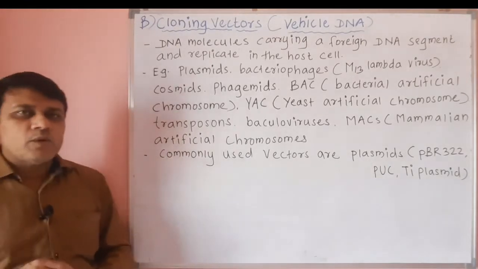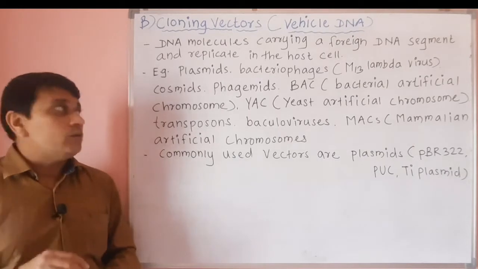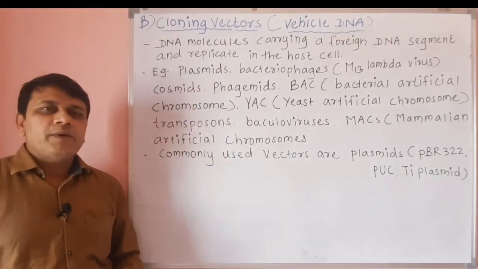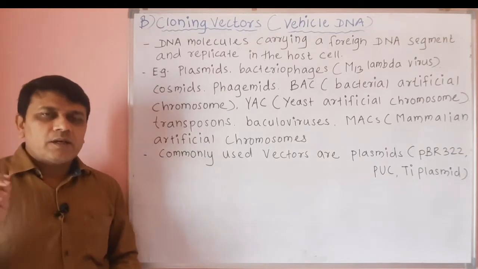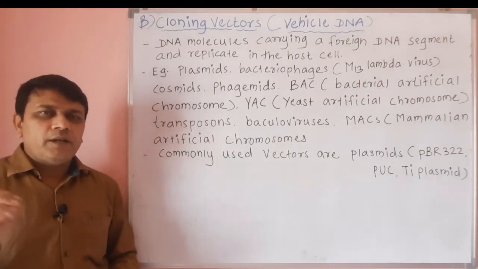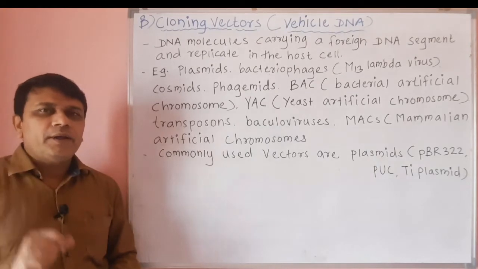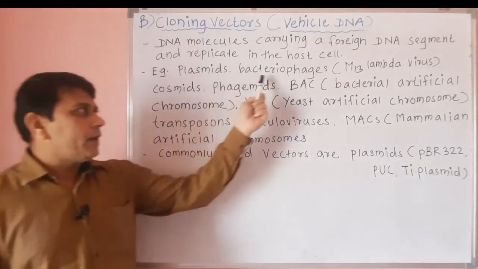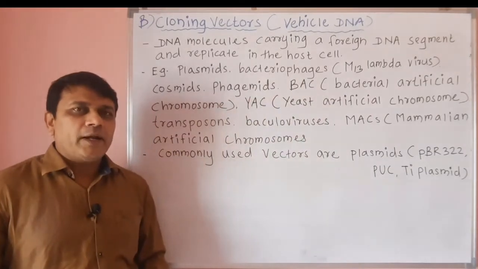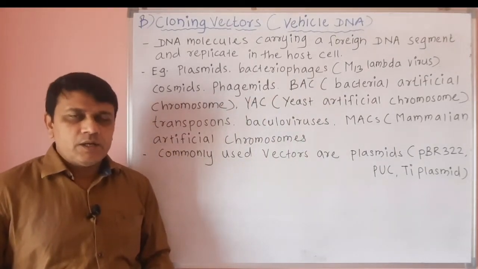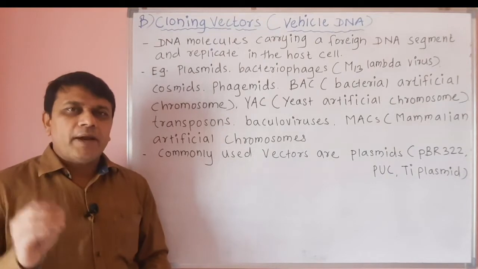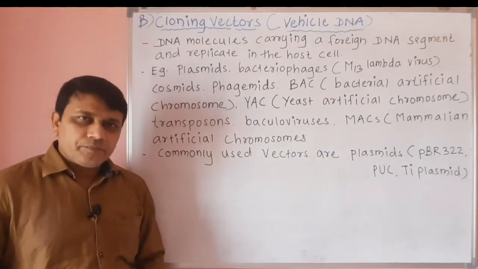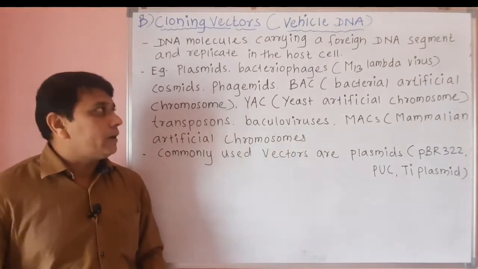Now different types of cloning vectors can be used. For example, plasmids. Plasmids are the extra chromosomal material found in some bacterial cells. Then bacteriophages. You know that bacteriophages are the viruses which cause diseases in bacteria. Such bacteriophages can be used as cloning vectors.